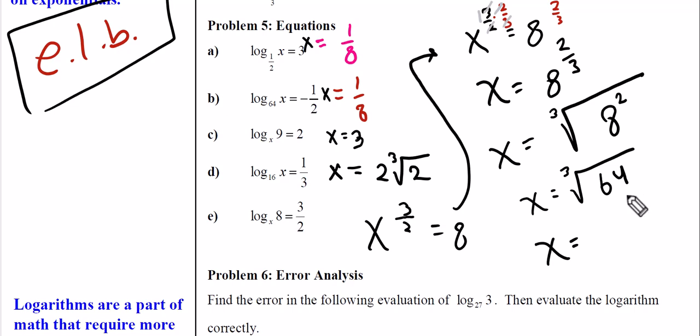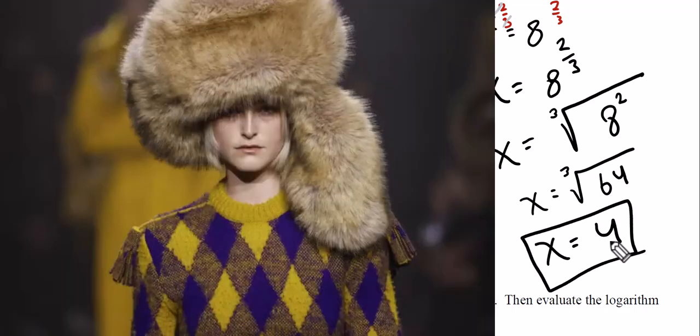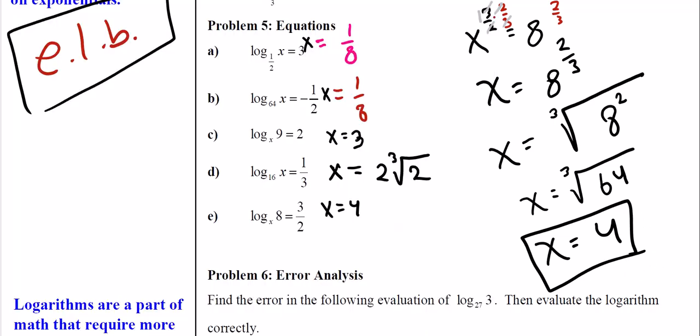So the cube root of 64 is 4. Most excellent. Good stuff. These are equations that we couldn't solve any other way unless we did ELB, and then we can use whatever skills we've collected along the way to solve them.